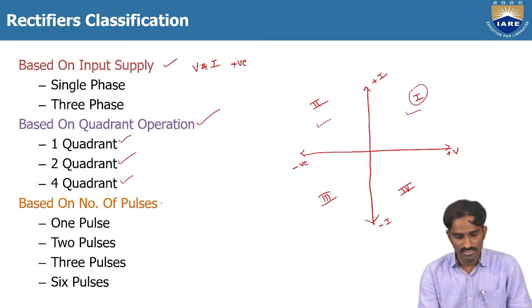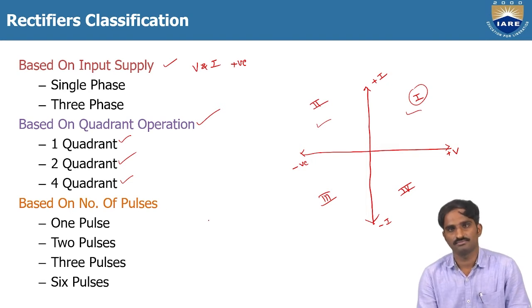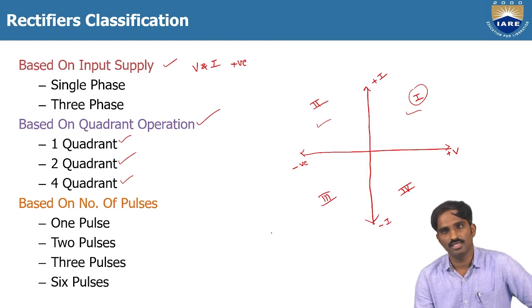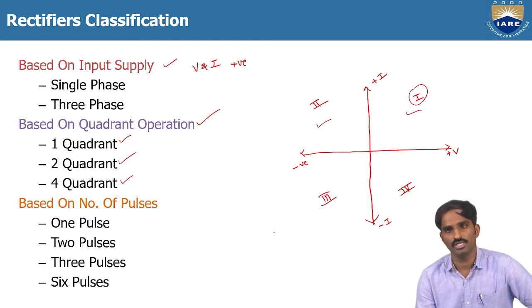Then based on the number of pulses, as we know, suppose we take a semi-controlled or full controlled rectifier, or let me consider the full controlled rectifier. In a full controlled rectifier, all the rectifying elements which we are using are thyristors.